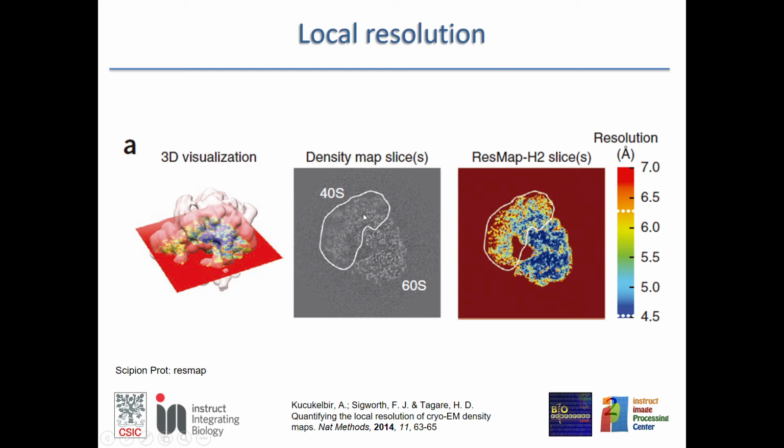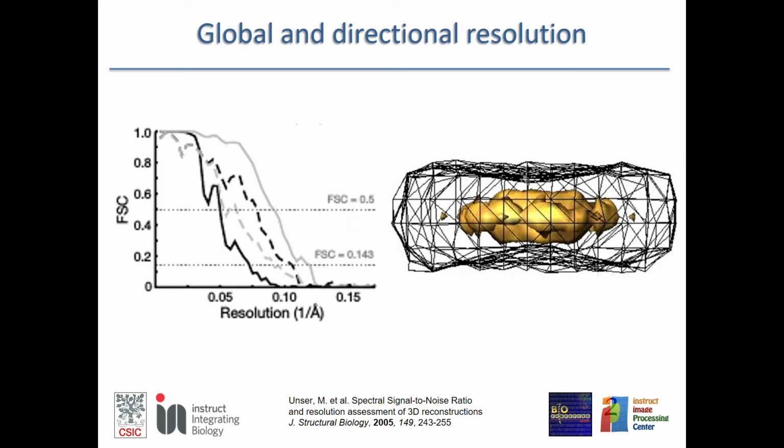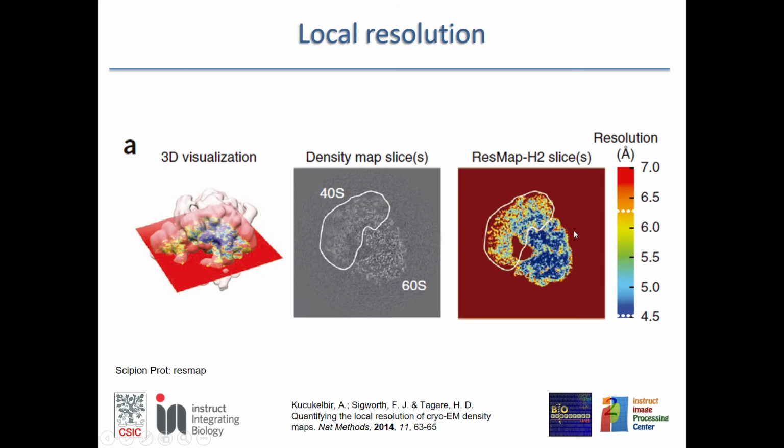And there have been many successful algorithms like ResMap or MonoRes or DeepRes. But the point is that the resolution is not just a value, but a value that depends on the direction, as we have seen with the signal-to-noise ratio, and also depends on the location.